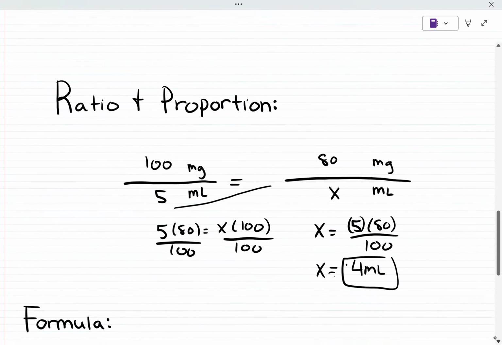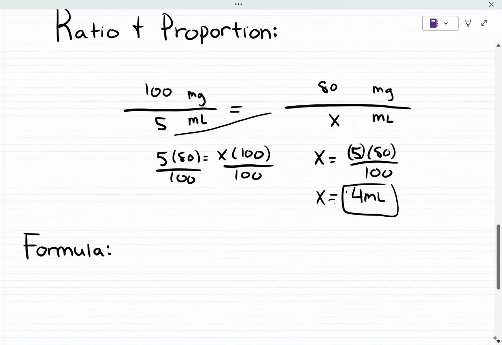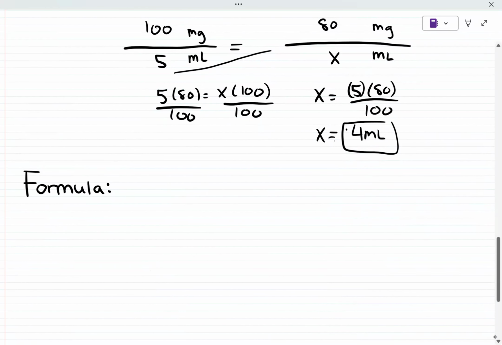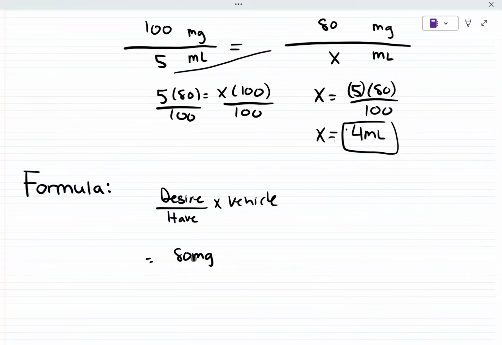Now let's find the answer using the formula method. For the formula method, you have desired over have times vehicle. Make sure the desired and have are in the same units, which they are. They're both in milligrams. Our desired dose was 80 milligrams, and we want to know how many milliliters.